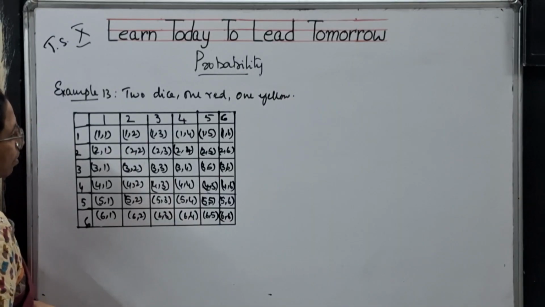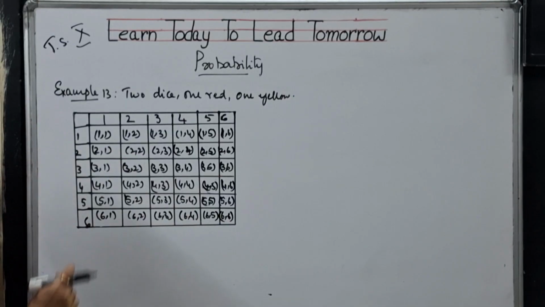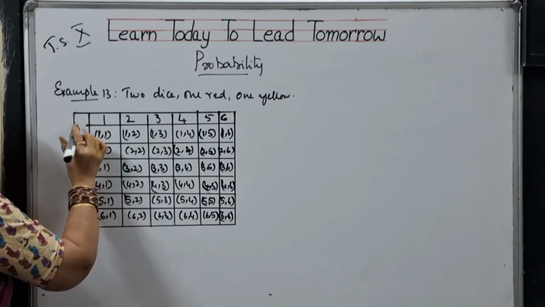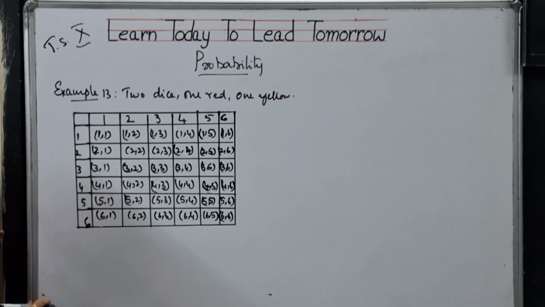So these all are the possible outcomes that we will be getting when two dice are thrown.